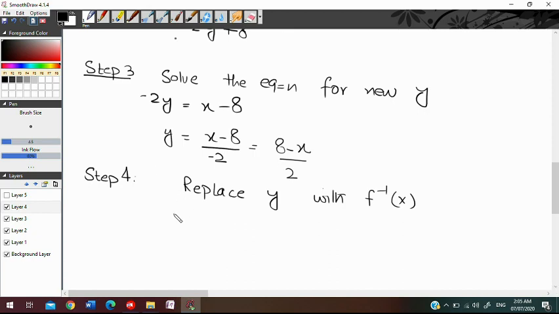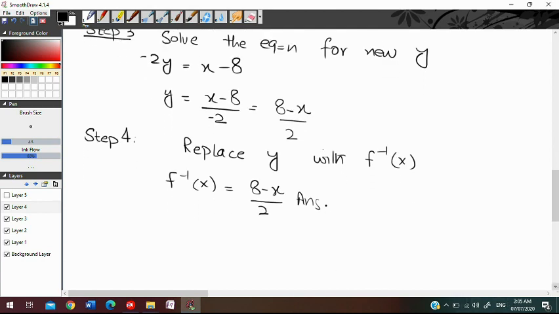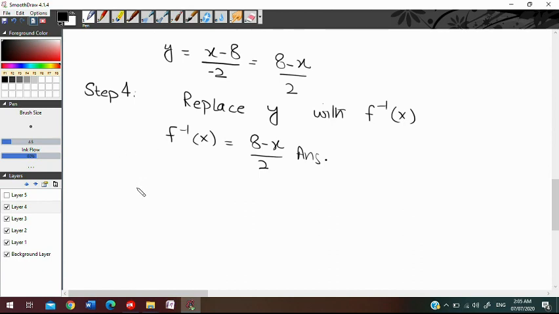So our final result is f inverse of x is equal to 8 minus x divided by 2, which is the inverse of our function. So f of x was minus 2x plus 8, and f inverse of x is 8 minus x divided by 2.